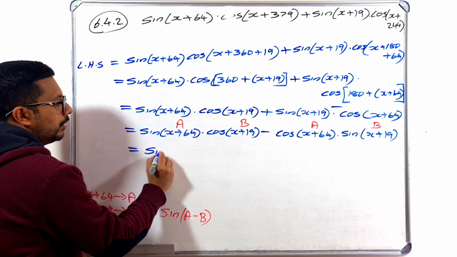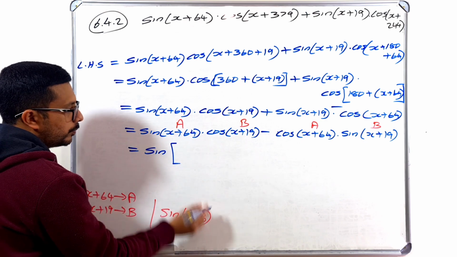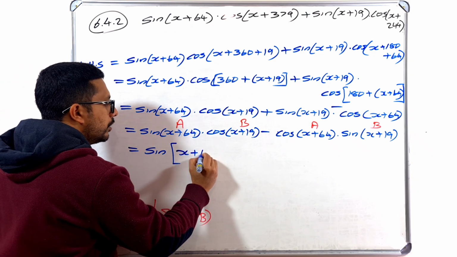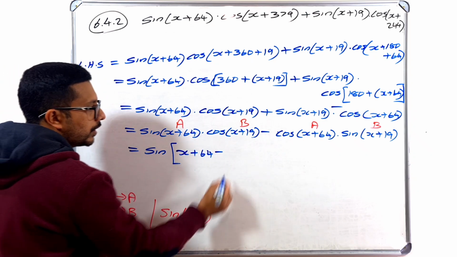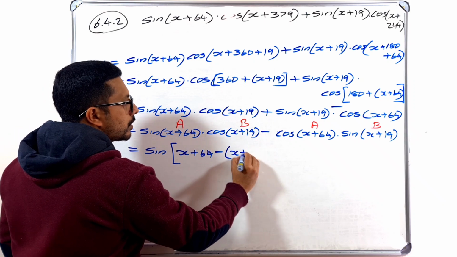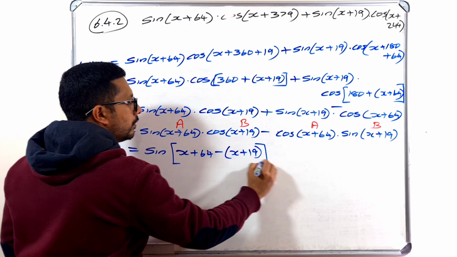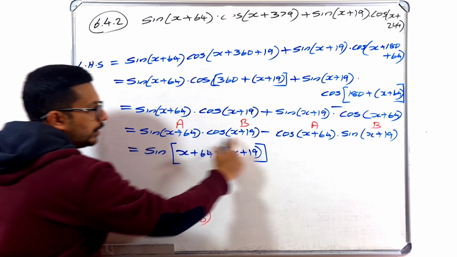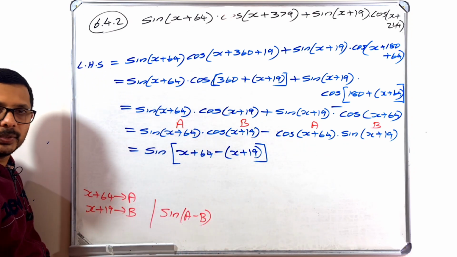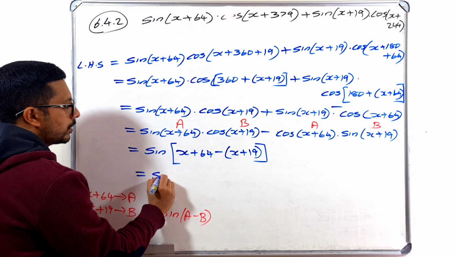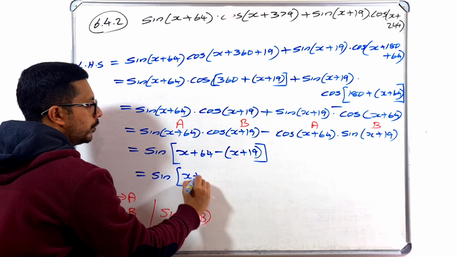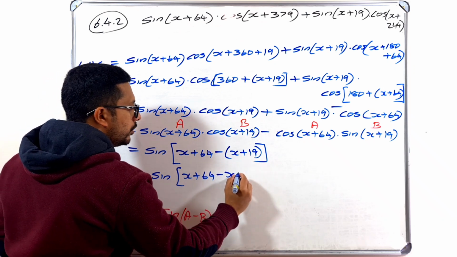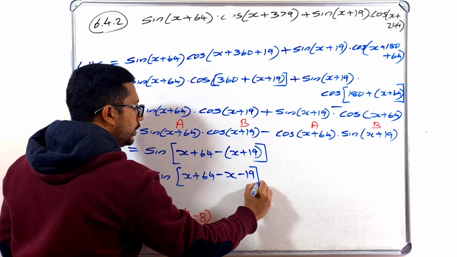It implies that sine of a minus b, our a is x plus 64, so x plus 64 minus b, what is our b? x plus 19. So what is this one? Sine of x plus 64 minus x, minus into x is minus x, minus into 19 is minus 19.